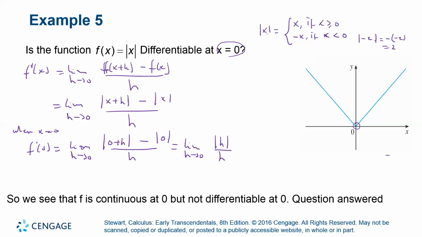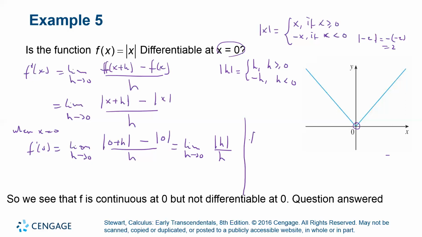Now if I use the definition here, what is the absolute value of h? This is equal to h if h is greater than or equal to 0, or it is minus h if h is negative. Because in this case it could be any of such. So then this gives me two outcomes.